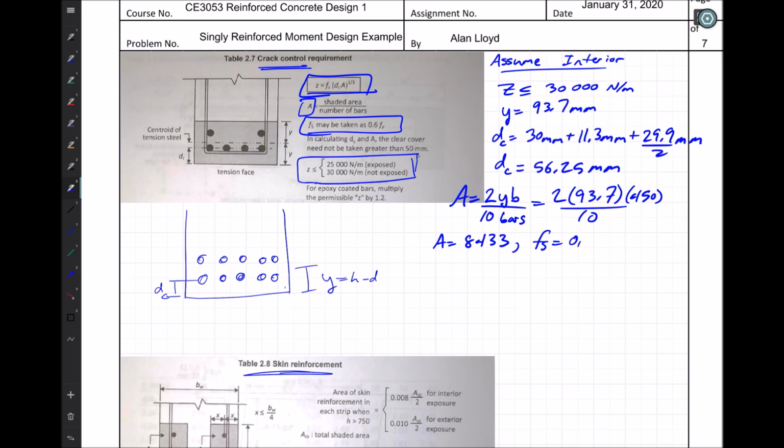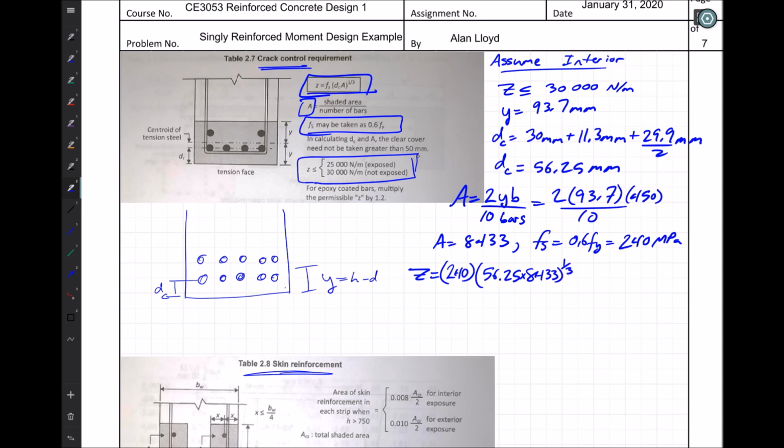And finally Z. Before we do Z, let me get Fs, maybe taken as 0.6 Fy, which is 240 MPa for 400 MPa steel. So Z now computes out to be 240 MPa multiplied by the cube root of DC, 56.25, times A of 8,433.